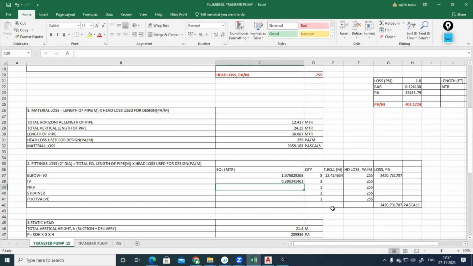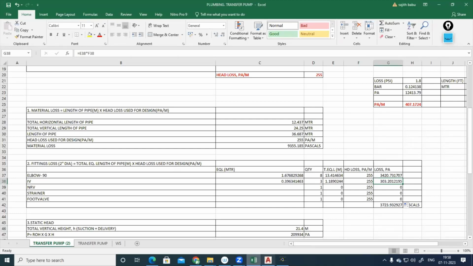You'll be getting that in meter. Rest everything is same. So like that, one IV is 0.39 meter equivalent length. Like that, 3 IV, 3 into 0.39, it will be 1.18. 1.18 into 255, we'll be getting 303 Pascal of pressure.